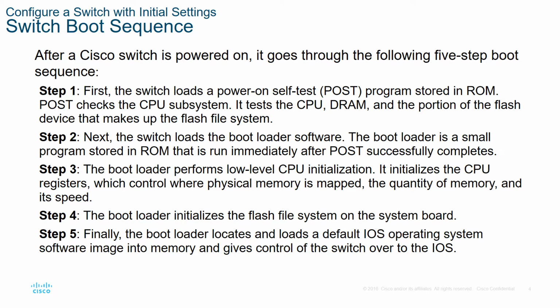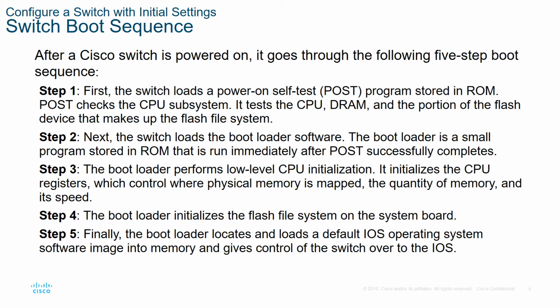As a first step, the switch loads the power-on self-test program, POST, from ROM to RAM. The POST program is responsible for checking whether the CPU systems are working properly or not. It tests the CPU, DRAM, and the portion of the flash device that makes up the flash file system, whether they are working properly or not.